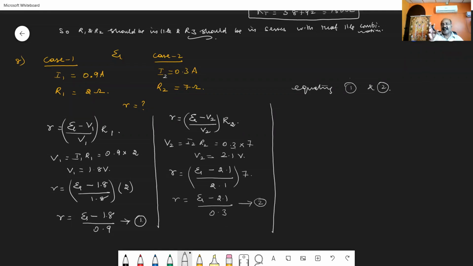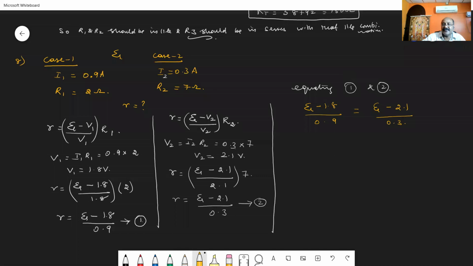Internal resistance of the given cell is a constant for this given cell. So you equate both the right hand sides. On equating, you get (E minus 1.8) divided by 0.9 is equal to (E minus 2.1) divided by 0.3.